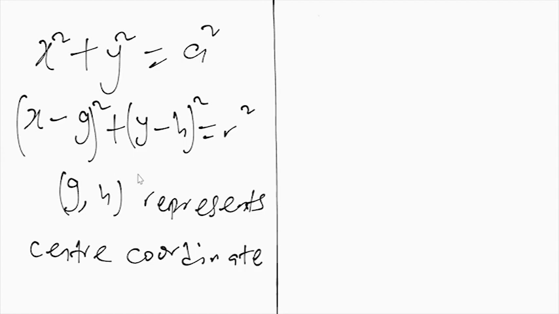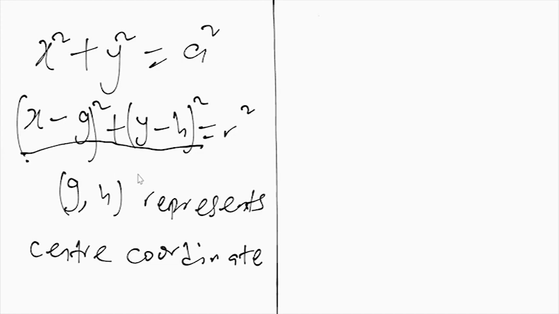Now what this means is that whatever the value of g and h is, so long as you have an equation that you can express in this form, that will be the coordinate of the center, where g represents the x coordinate and h represents the y coordinate.